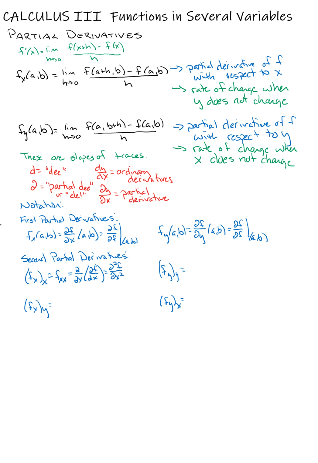Similarly for y, we could write this as the second partial derivative with respect to y both times. So that's the derivative with respect to y of the derivative of f with respect to y, or the second derivative of f with respect to y both times.